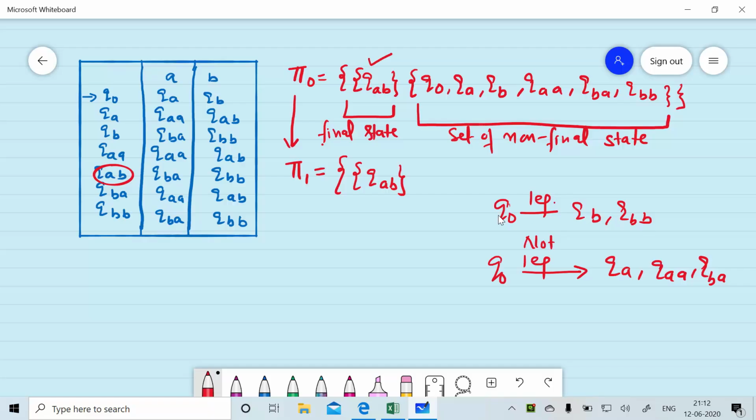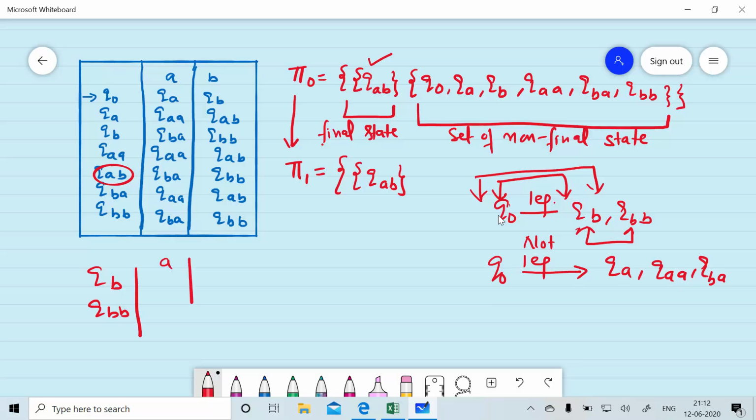These equivalence classes obey the transitivity property. What it means is, if Q0 is equivalent to QB and Q0 is equivalent to QBB, then QB and QBB will also be equivalent. We can verify it by taking QB and QBB. Under A, both are moving to QBA, and under B, both are moving to QBB.